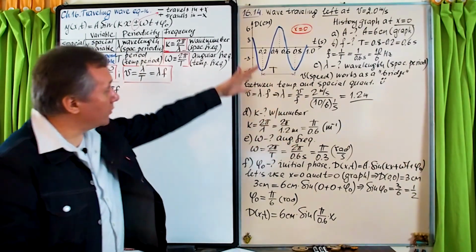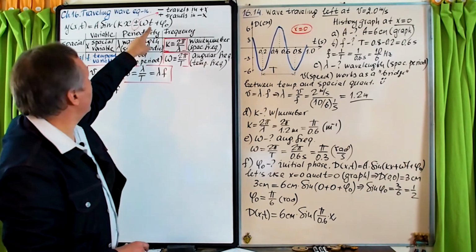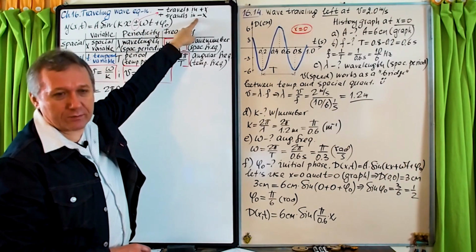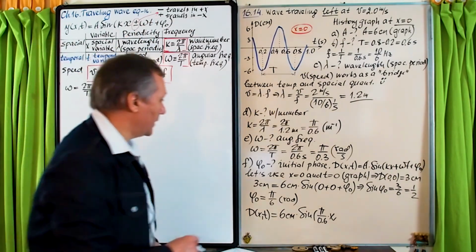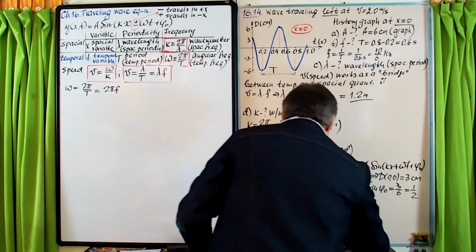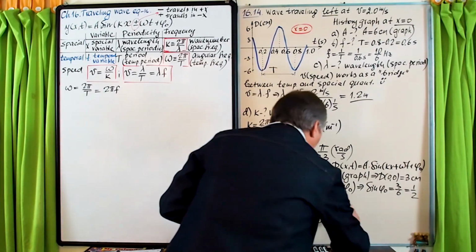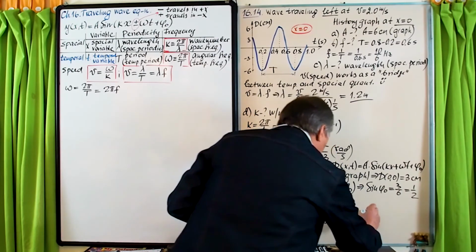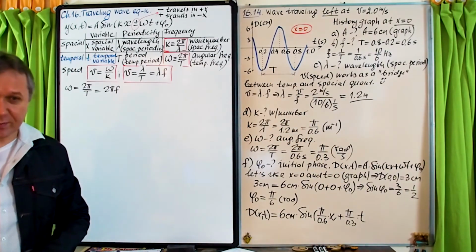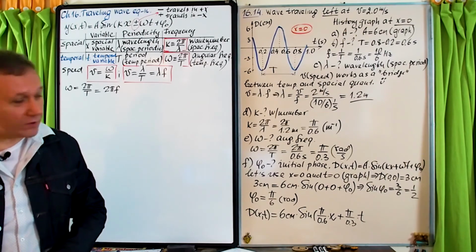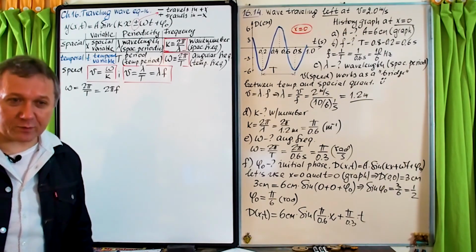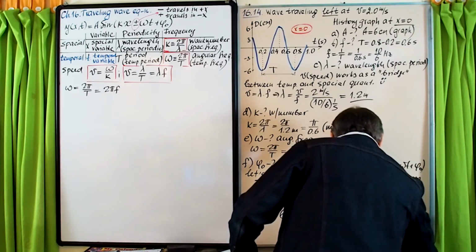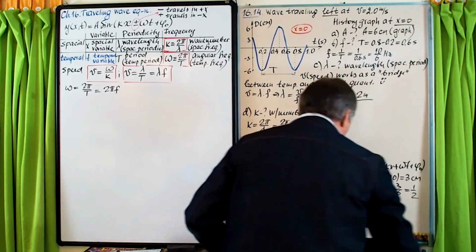Then plus, because our wave travels in the negative x direction, so it must be plus kx plus omega, this pi over 0.3, times the temporal variable t, and plus our newly found initial phase phi naught, which is pi over 6.